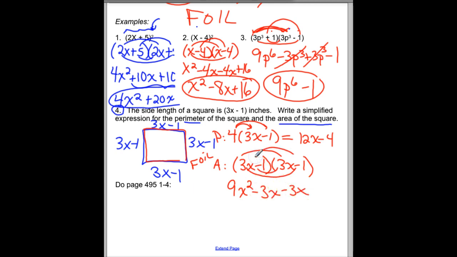We're going to multiply the last, and the negative times a negative gives me a positive. These do not cancel. I'm down 3, and I'm down 3 more. So I'm at 9x squared minus 6x plus 1. That's what we call a simplified expression for the area of the square. And we're done with that. So that's the end of 9.4.